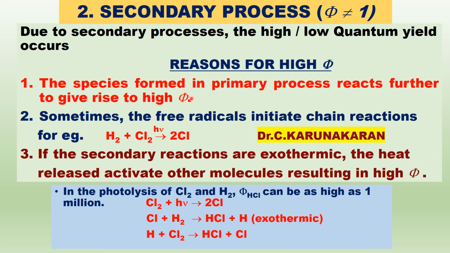Sometimes in the secondary process, the free radicals initiate chain reactions. The free radicals, for example Cl, initiate chain reactions in the photolysis of chlorine and hydrogen. The Cl dot is produced. These highly reactive atoms initiate chain reactions, leading to high quantum yield, phi greater than 1 million.